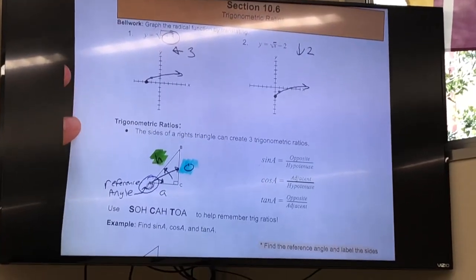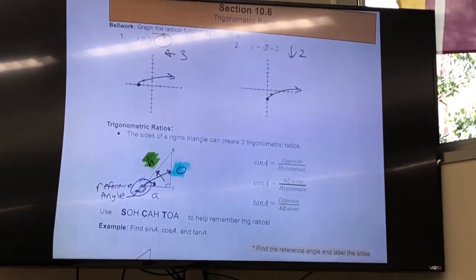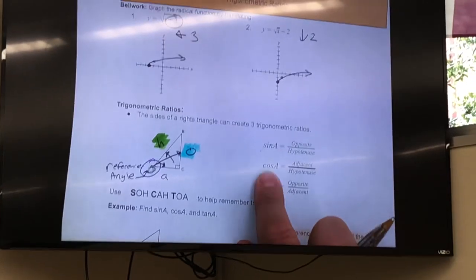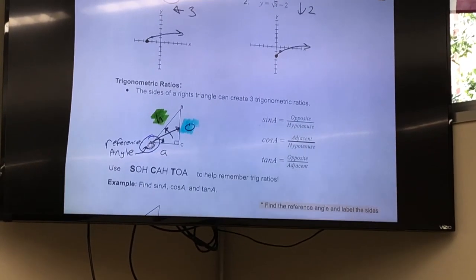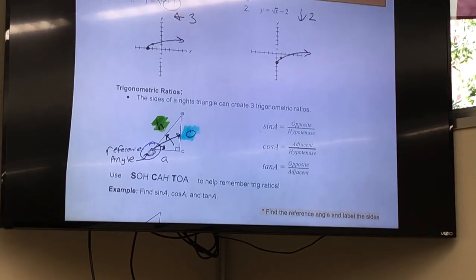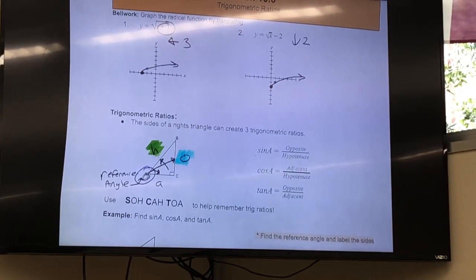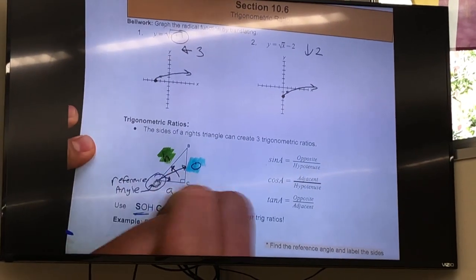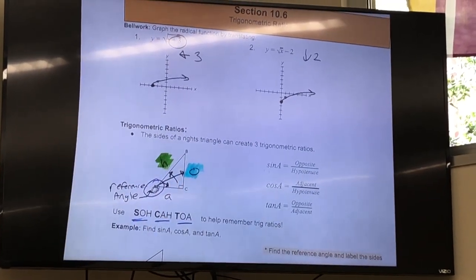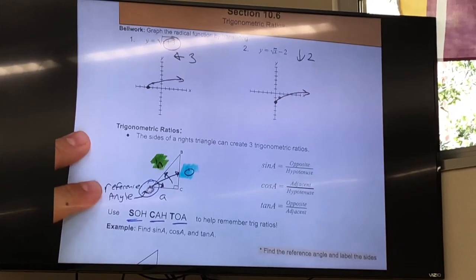It is asking us to look at what sine, cosine of A, and tangent of A is. So if you heard Miss May earlier, she said SOHCAHTOA. SOHCAHTOA. These are our 3 different trig functions. Let's start with SOH.